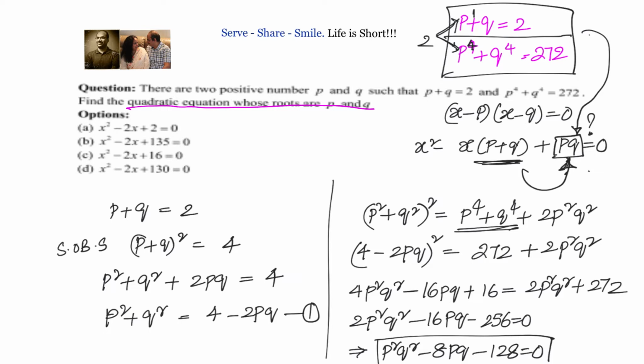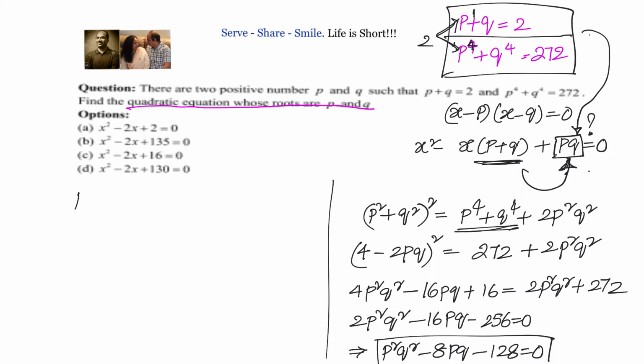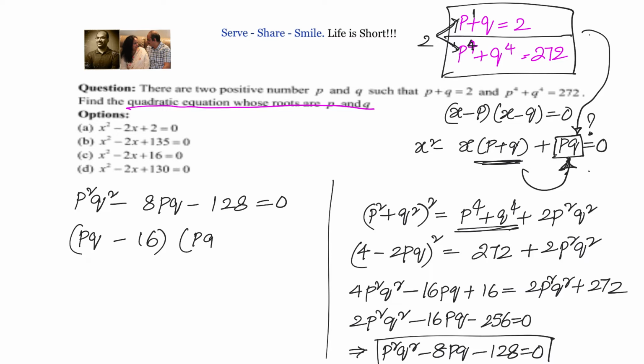You can solve it by quadratic formula or splitting the middle. It can be written as (pq minus 16) into (pq plus 8) equals 0, which will give us pq equals 16 or pq equals minus 8.